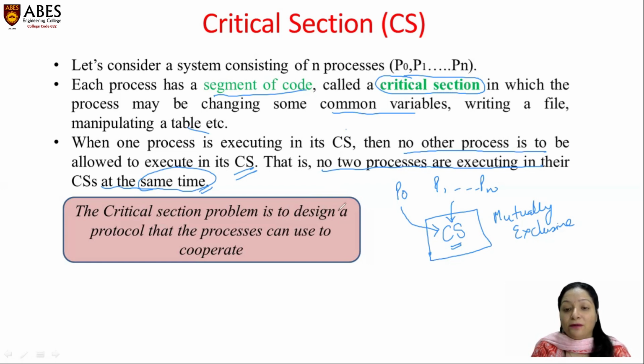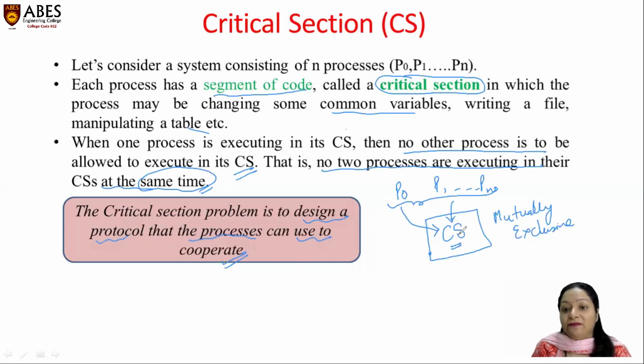Now we can understand what the critical section problem is. It is a problem to design a protocol or a rule that the processes can use to cooperate. We all know that those processes that have something in common, that share the memory, are called cooperating processes. Now, how will we synchronize these cooperating processes so that data consistency can be achieved?